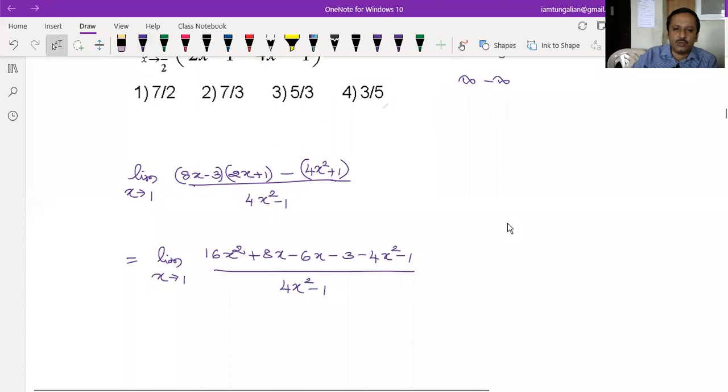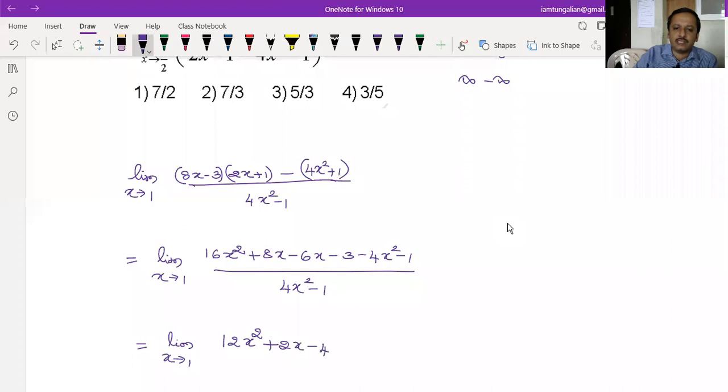So that's equal to the limit of 16x square minus 4x square, that will give you 12x square plus 2x minus 4, divided by 4x square minus 1.